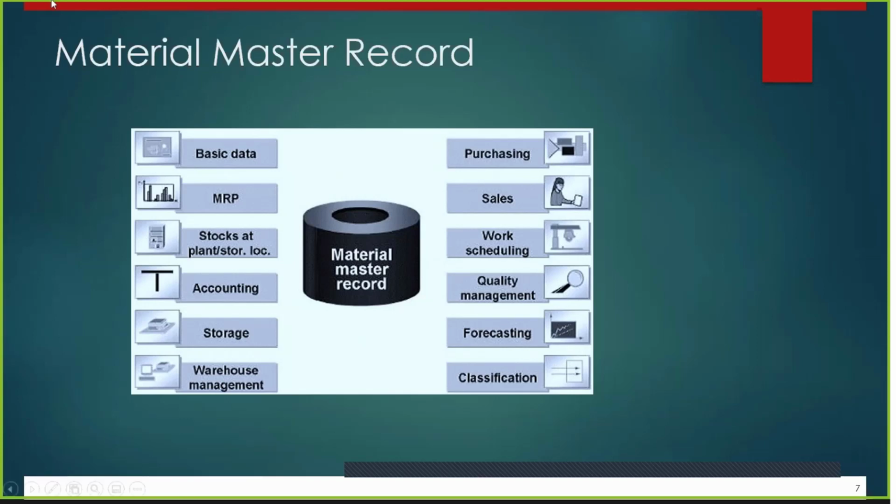In production planning, the most important are basic data, of course, MRP, material requirement planning, the stock, the accounting, storage. Warehouse management is not important. Purchasing and sales are not important: purchasing is for material management, sales is for sales and distribution. Work scheduling is very important. Quality management is very important.